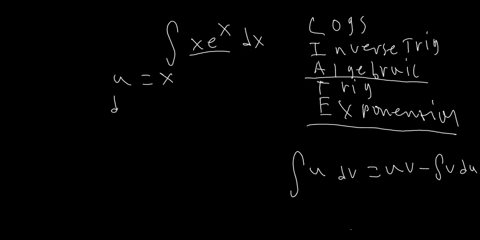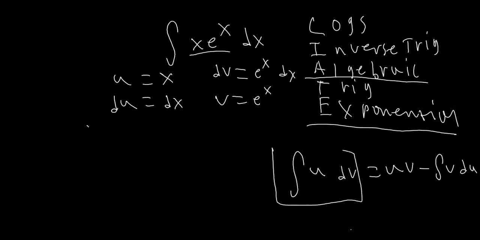Then we take the derivative of both sides, and for dv, we make dv equal to e to the x power times dx. And then v is equal to e to the x power. When we follow the formula, u times v, we don't have to write the left-hand side, it's not really that important.